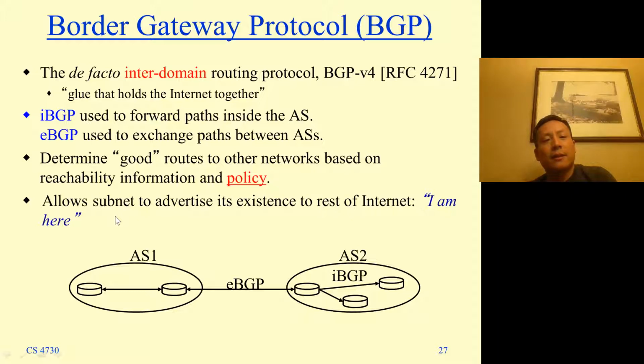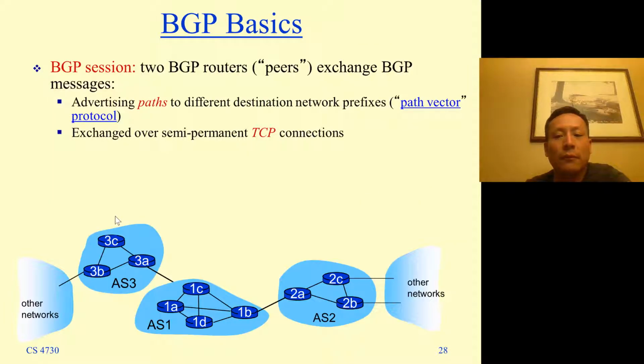It allows the autonomous system to say, okay, for this, throw it to me, I can handle it. So they are telling each other and exchanging all this information. So we have iBGP and we have eBGP.